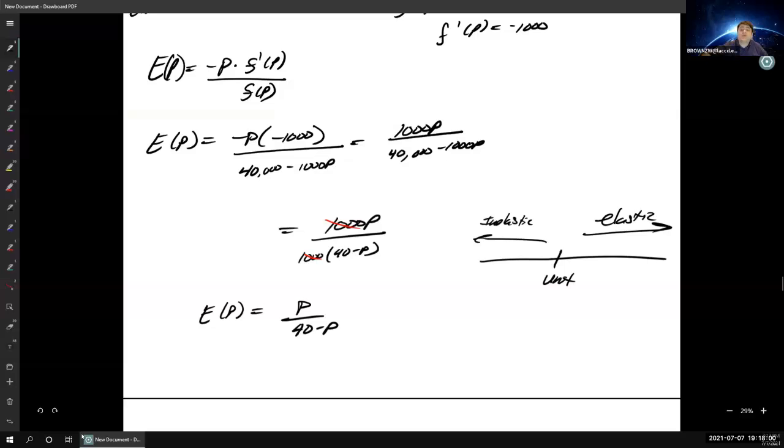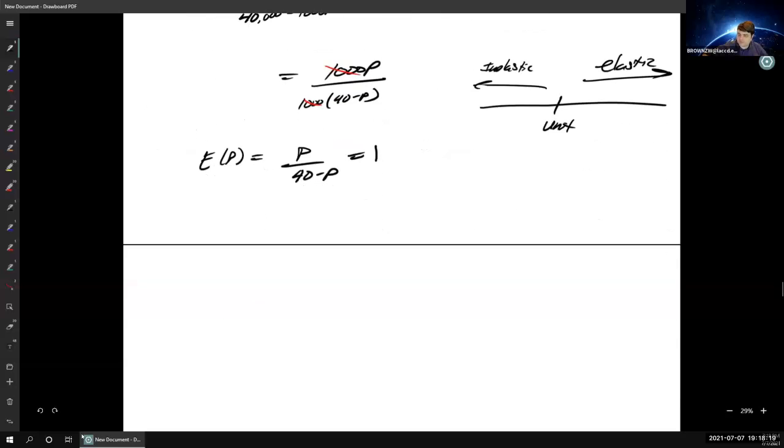Unit elasticity happens when my function equals 1. That's going to be the breaking point between an inelastic versus an elastic good. So really we're just solving this little algebraic equation.